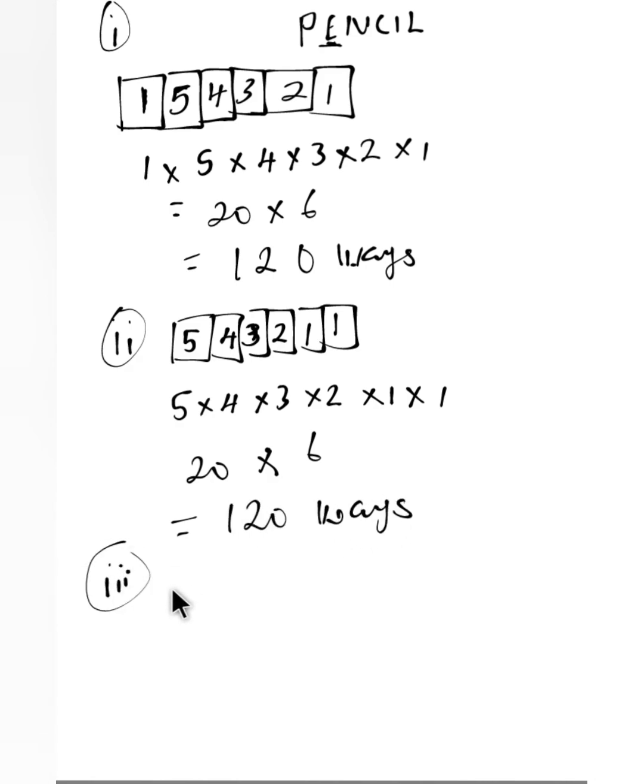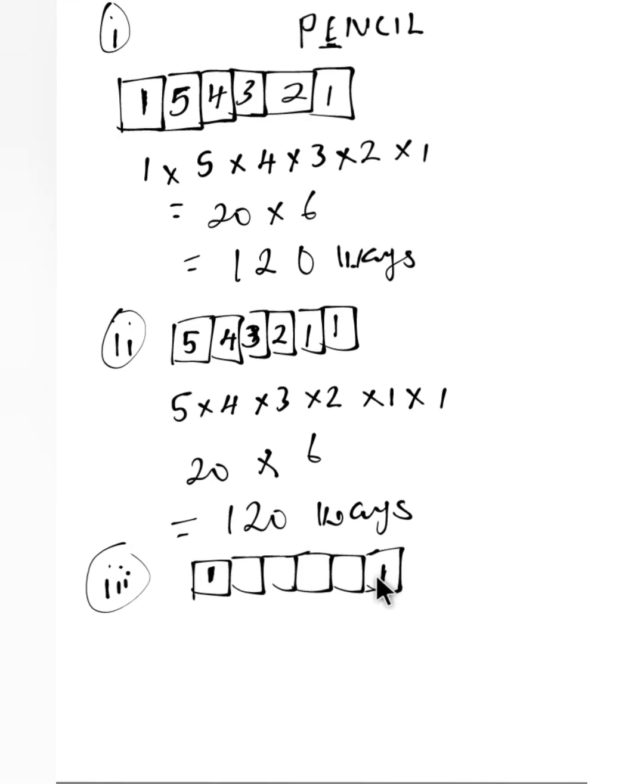III. How many begin with E and end with P? So let's create still 6 slots. We're looking for the number of arrangements that begin with E and end with P. So it means that this first one begins with E, just 1. This last one ends in P, just 1. It is only E that can stay here, it's only P that can stay here.